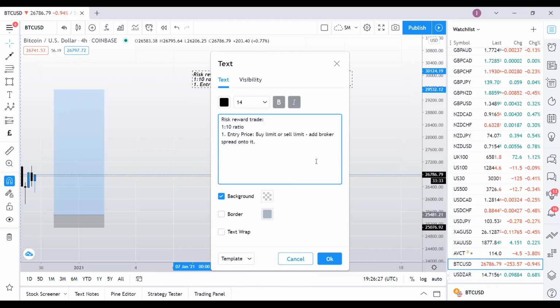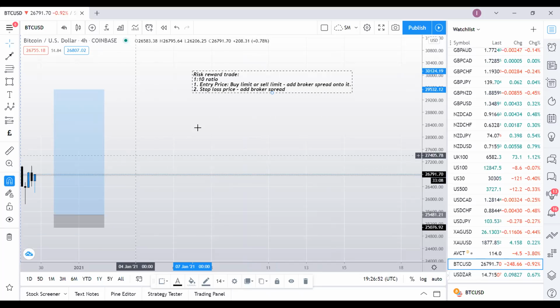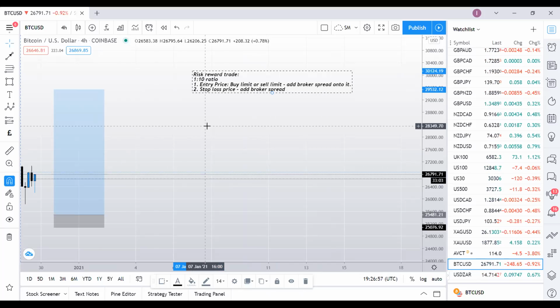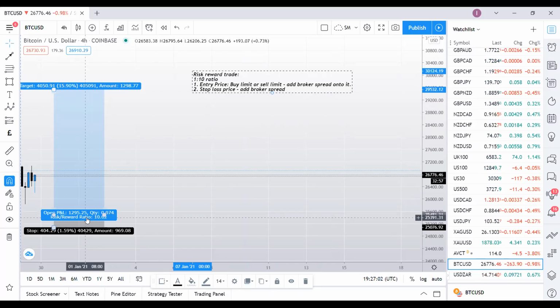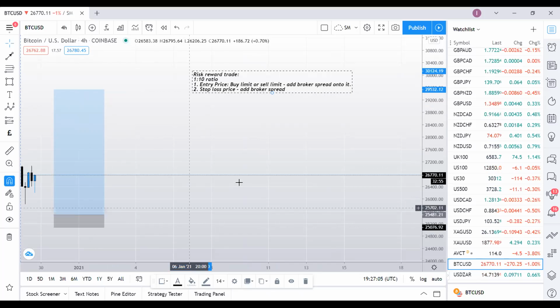So for a buy or sell limit, you add the broker spread onto it, and you need to add this to the stop loss as well. So in this particular case, if the broker spread is 2 pips and we had a 10 pip stop loss, our stop loss is now 14 pips, because you're adding the broker spread onto the entry and you're adding it to the stop loss.